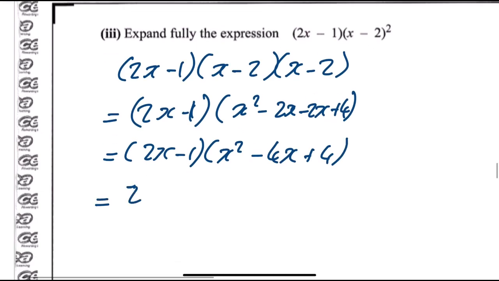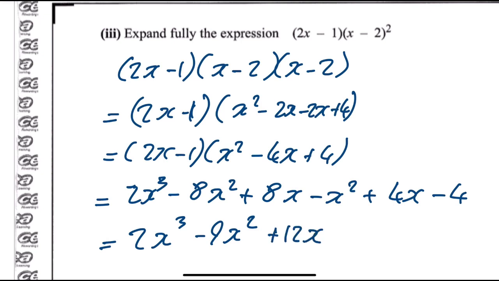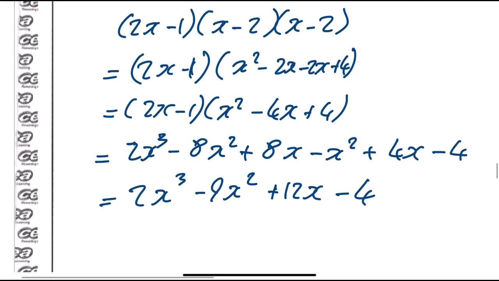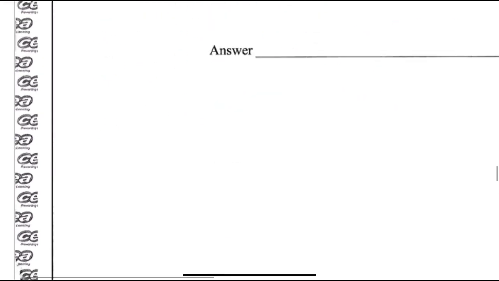You're going to have 2x cubed minus 8x squared plus 8x minus x squared plus 4x minus 4. So that's going to be 2x cubed minus 9x squared plus 12x minus 4. And that's it. Okay, done.